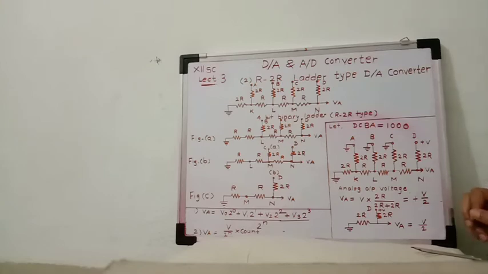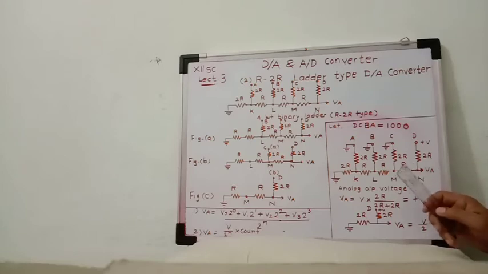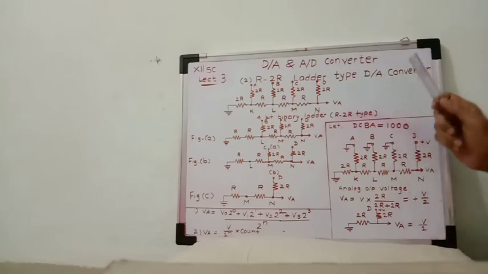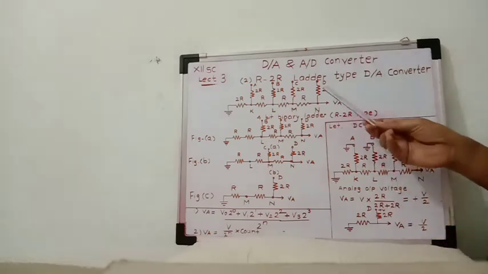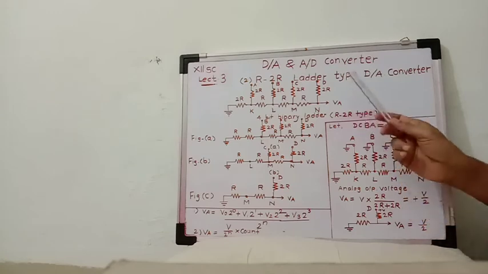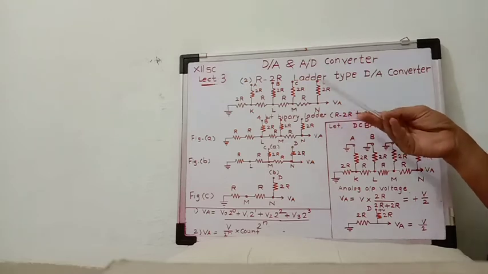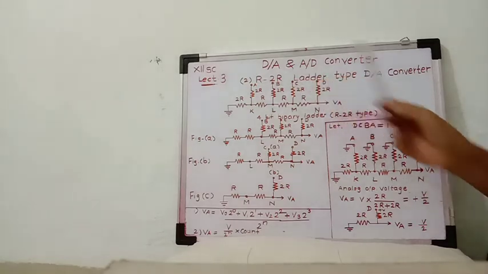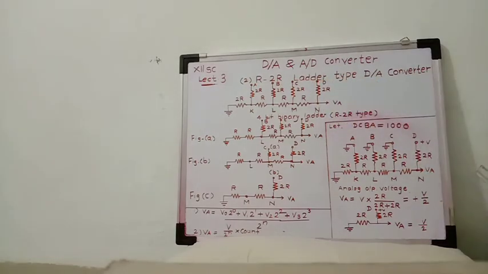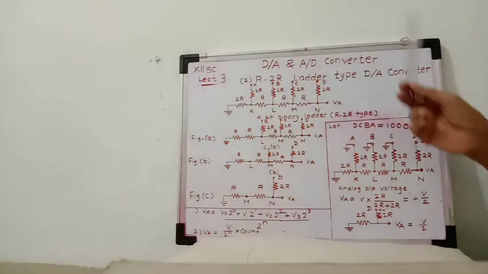In this binary ladder type digital to analog converter, the analog output voltage VA is the properly weighted sum of each digital input.